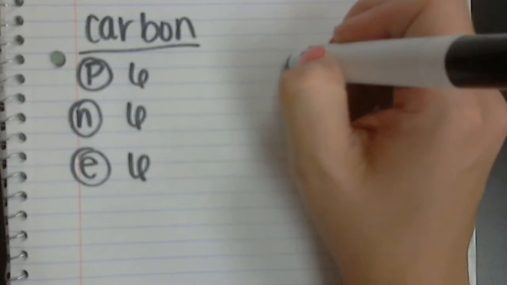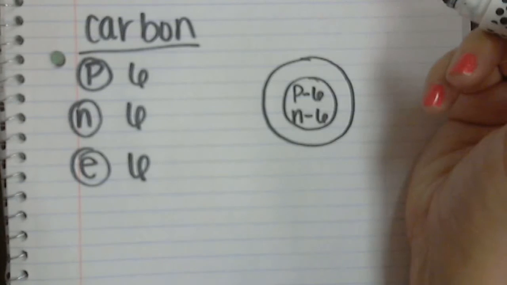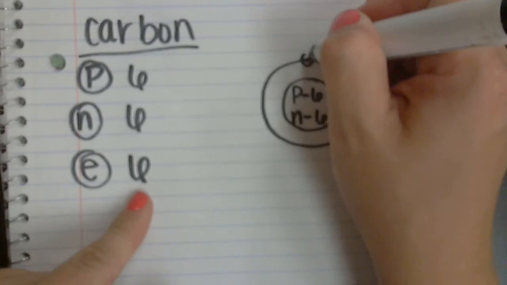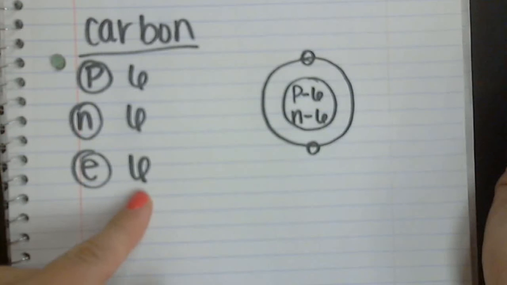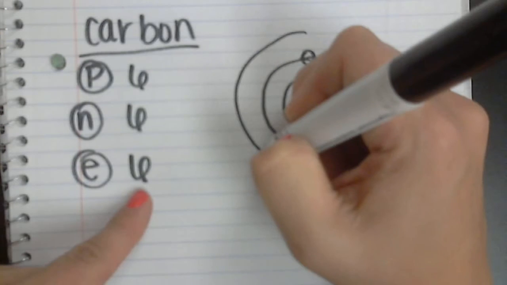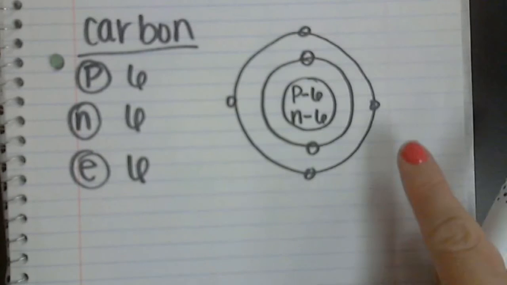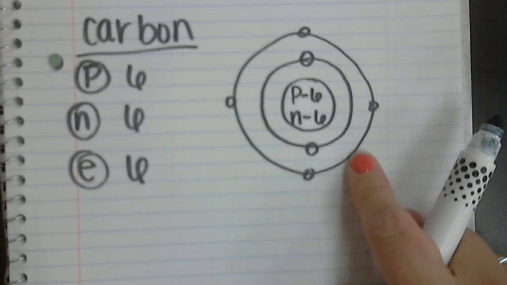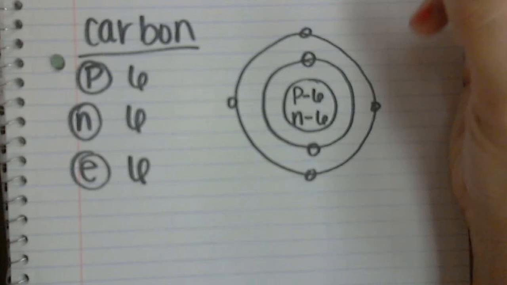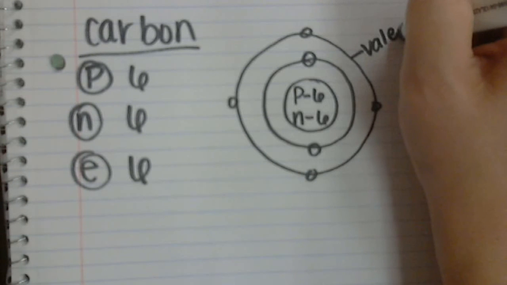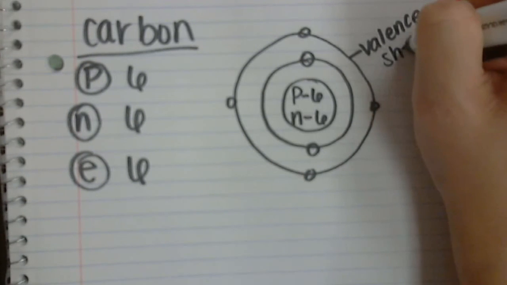In our first shell, remember I said you can only fit 2 electrons. We have 6, so we have 2 to put in that first shell. Now we have 4 more electrons to place, so they're going to go in that second shell. This is going to be the outermost shell of my atom. This is what's called the valence shell.